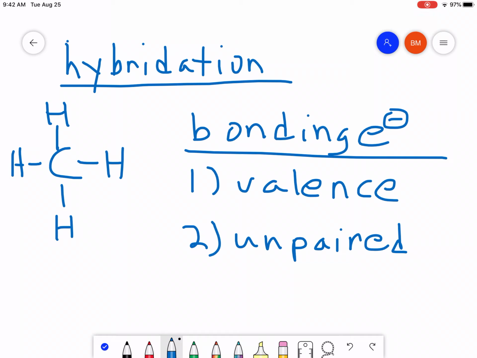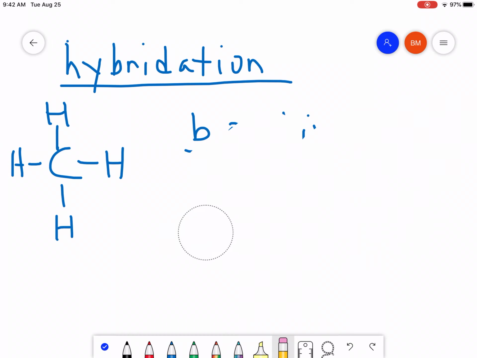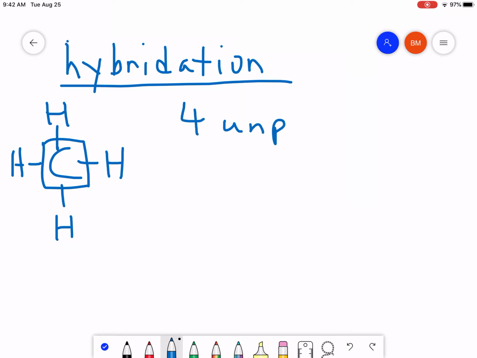So if we do some deductive reasoning here, we can deduce that this carbon in methane should have 4 unpaired valence electrons because it's making 4 bonds.